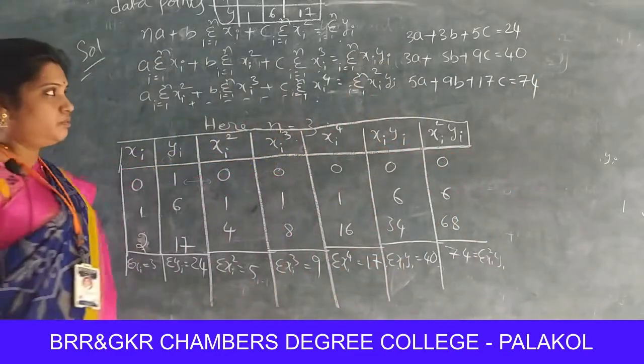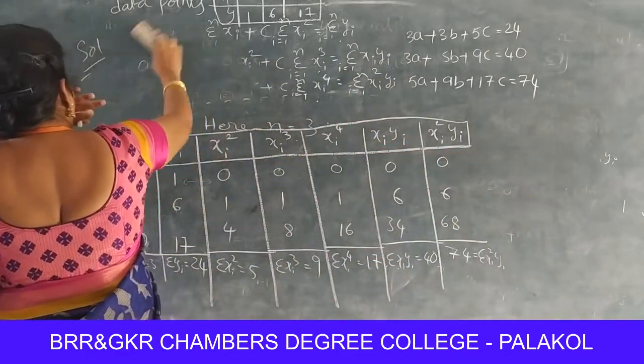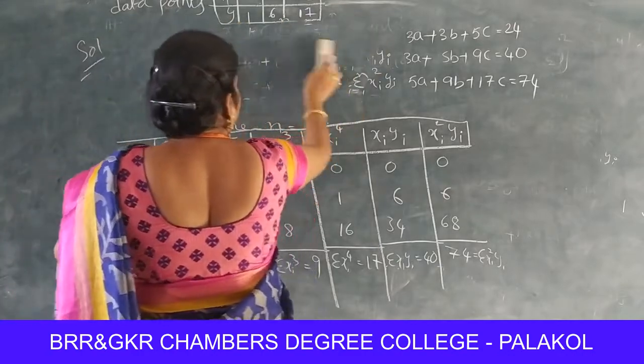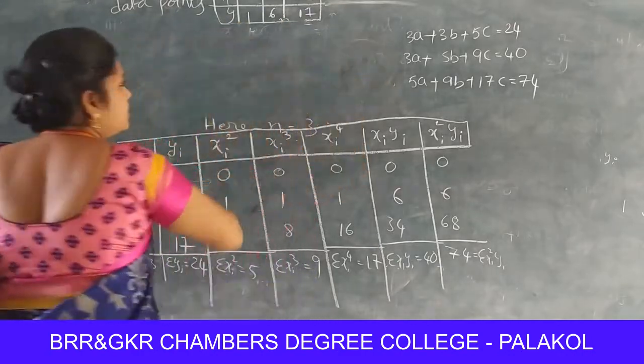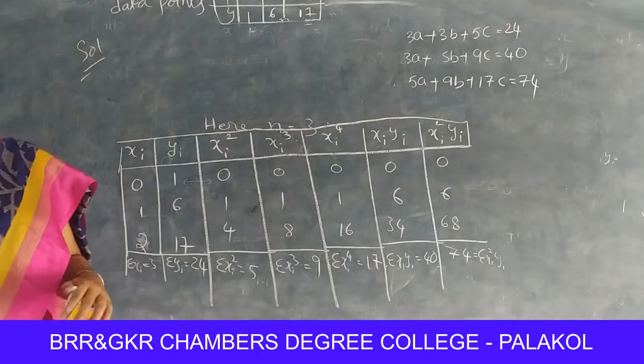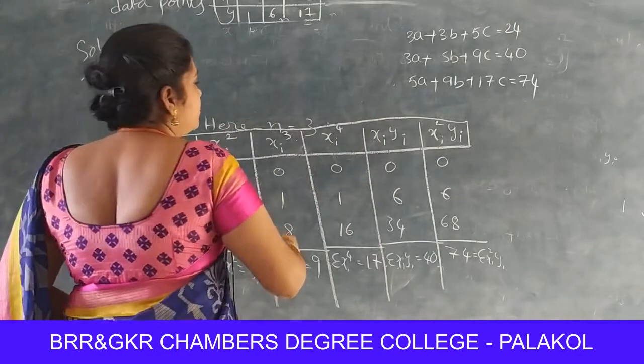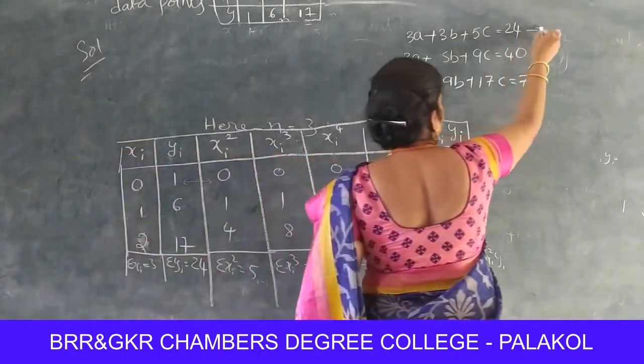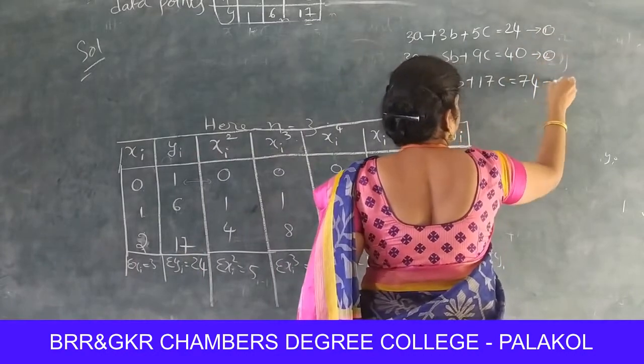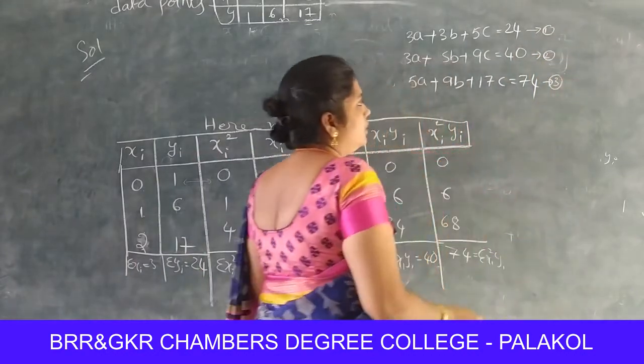So, solving these three equations, we get the A, B, C values. Here the first equation is 1, and taking the second as 2 and the third as 3.